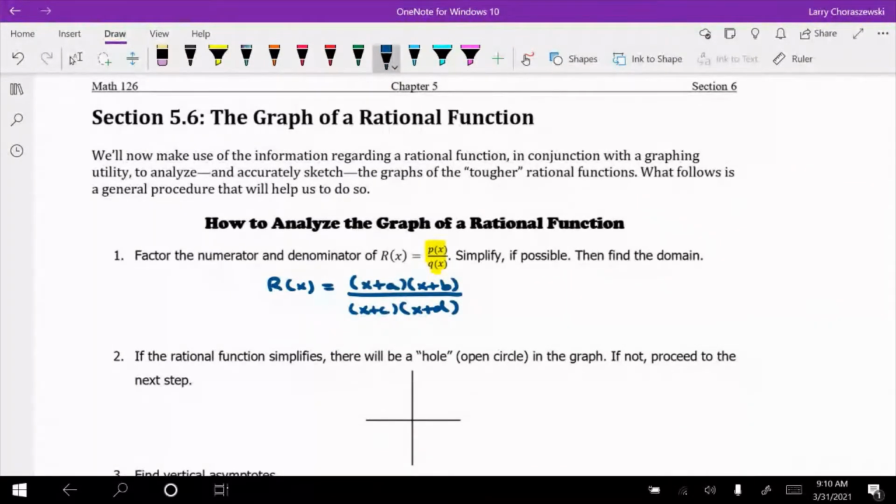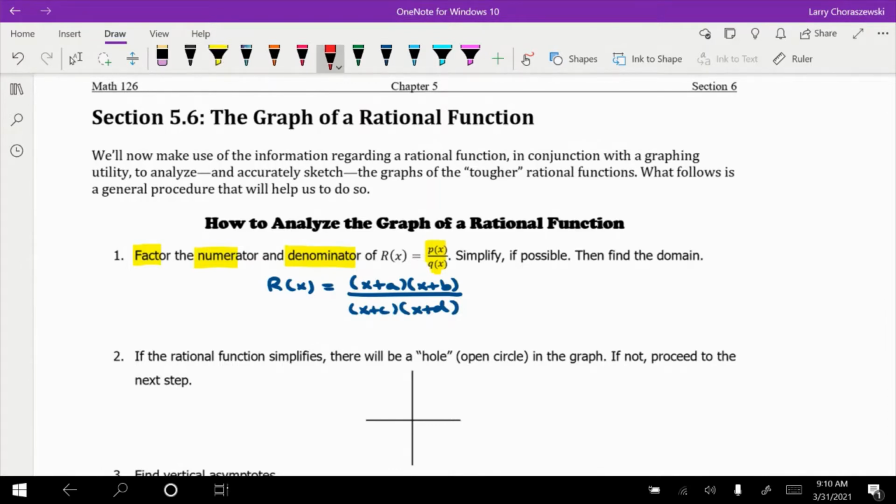Now this is just one way in which a rational function may factor. It won't always be in this format. There might just be a GCF. It might not factor at all, or there might be more than two factors on top or bottom. But regardless, the overall thing with step one is just to factor the numerator and denominator if possible.